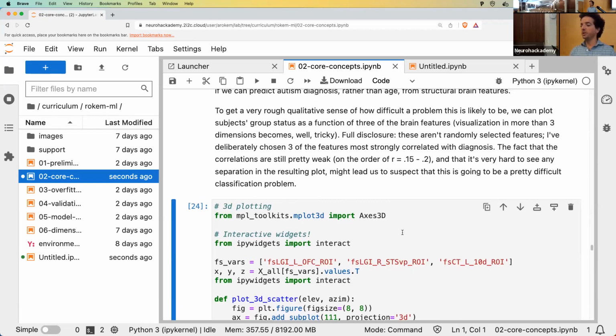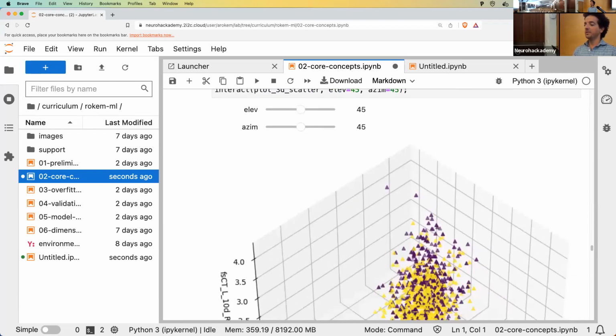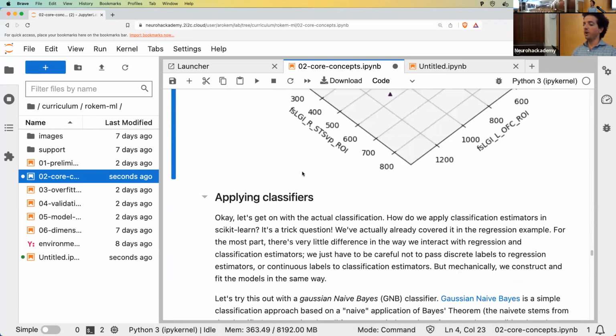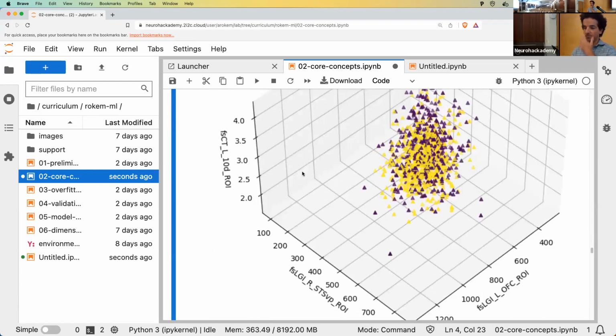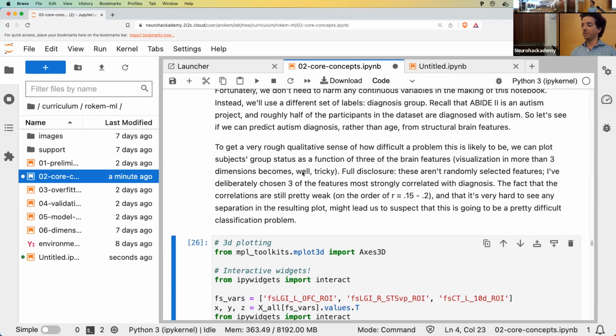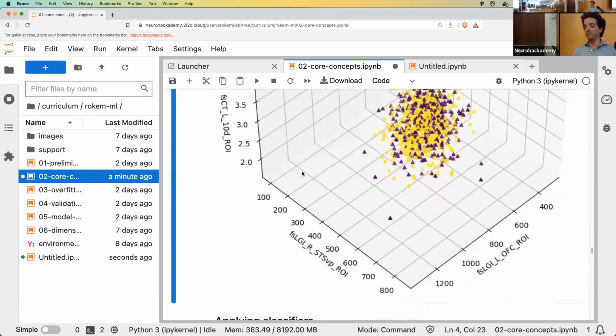And we're going to start by selecting, not so accidentally, three variables that happen to help with that. They've been selected to correlate with the diagnosis, but we're still going to use them for the examples.